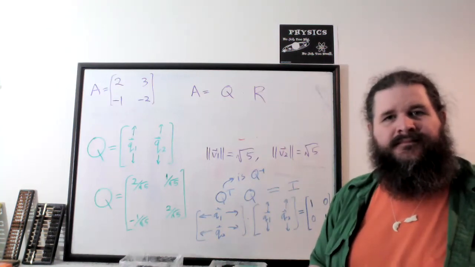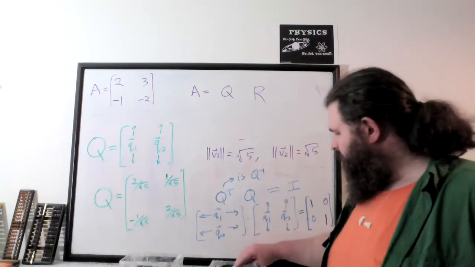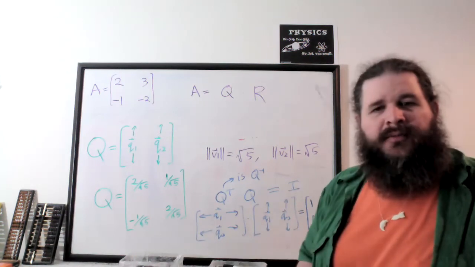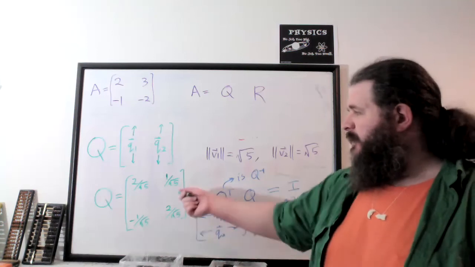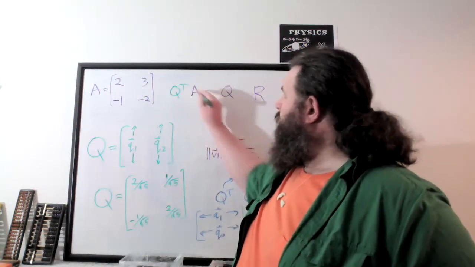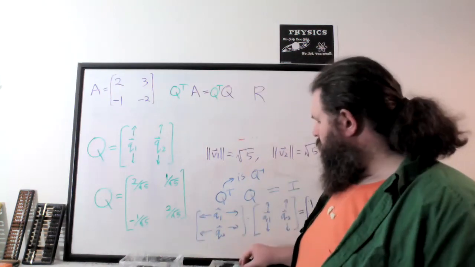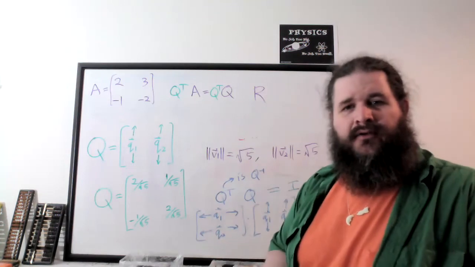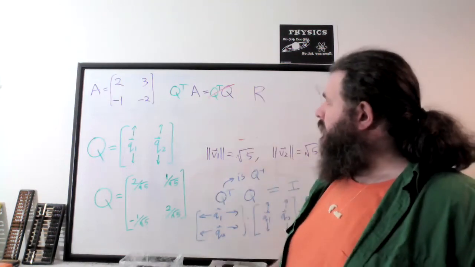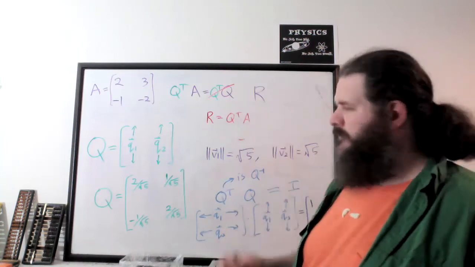By multiplying A by Q inverse or Q transpose. Exactly. We can just multiply both sides by Q inverse, and because Q inverse happens to be the transpose, we can just left multiply both sides by Q transpose. Q transpose is Q inverse by definition, so those are going to cancel out. And R is going to be Q transpose A.